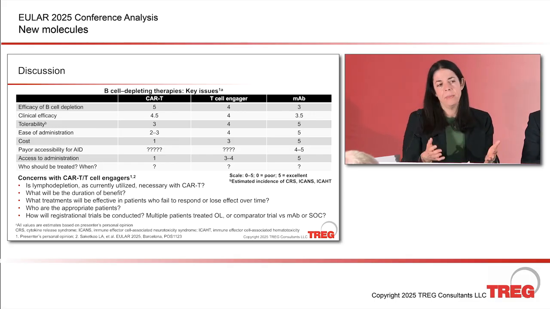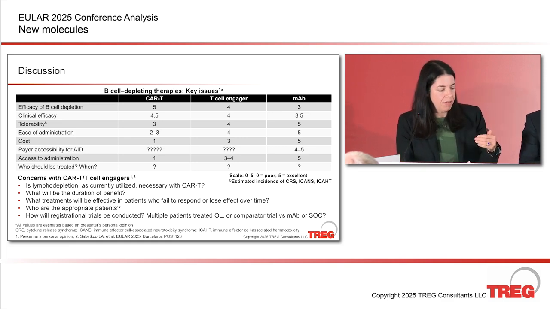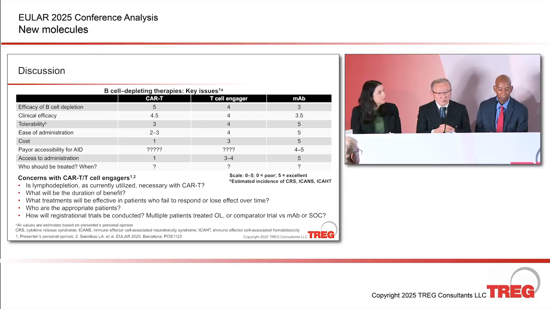I think you have to look at each patient individually and figure out what they've been on before and what their actual risk is if they need something like CAR-T or T-cell engagers, or if they need some of our more traditional tried and true therapies. So I think it's going to become an individual decision per patient based upon their disease manifestations and their prior therapies. Yoshi?